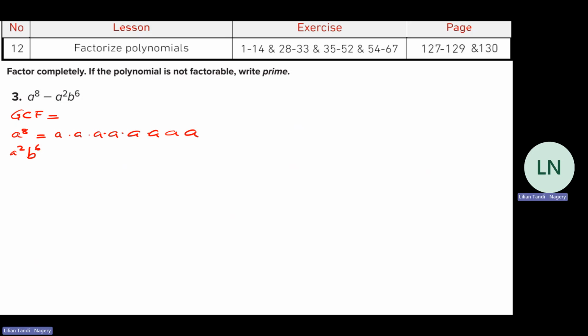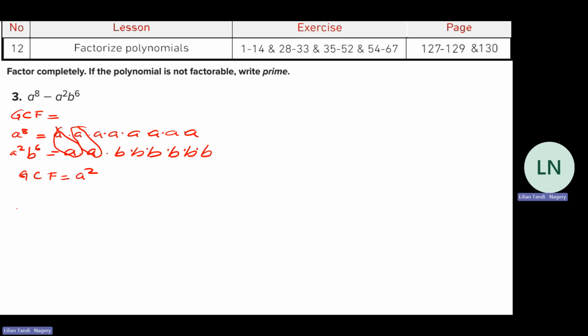Make sure you put the multiplication sign in between. You're going to get a, b, 1, 2, 3, 1, 2, 3. Okay, so your GCF will be a squared.